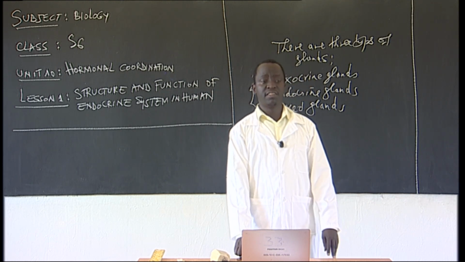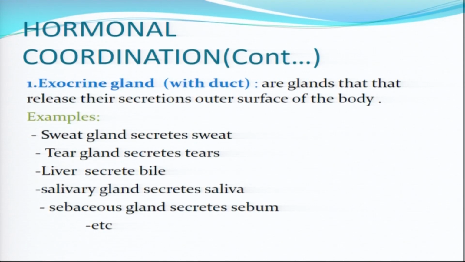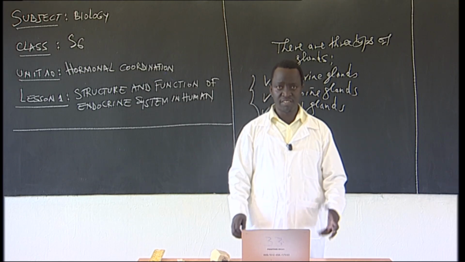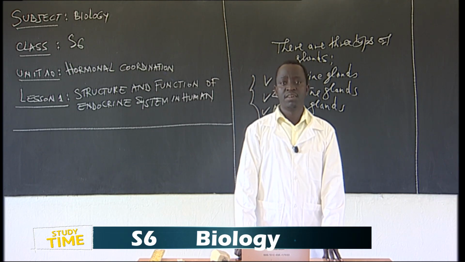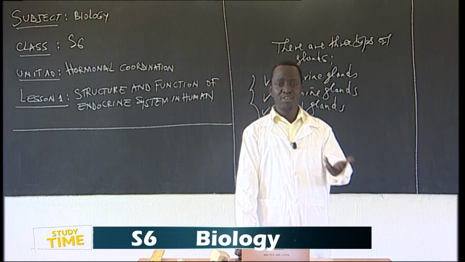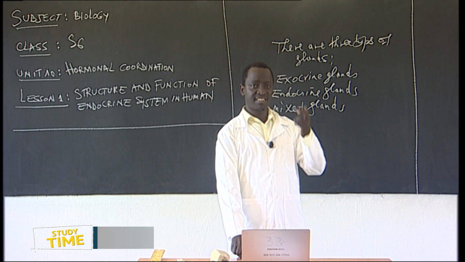This gland secretes sebum. Sebum is a substance that makes our body smooth. When you touch the body, you see it is smooth. That's due to sebum, which is secreted by the sebaceous gland.